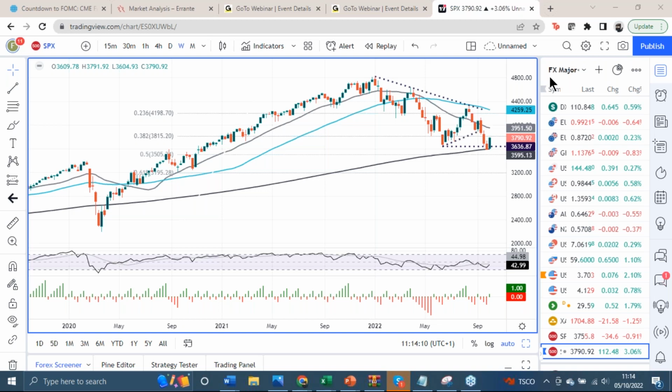Allied to this pivot move we've seen is also this move lower in the dollar. You can see, as I mentioned, last week's highs at 114.77. This is in the DXY. Remember, the major weighting in the DXY is the euro, around 56%, and then sterling around 11%. So they've seen big moves, which we'll look at a bit later.